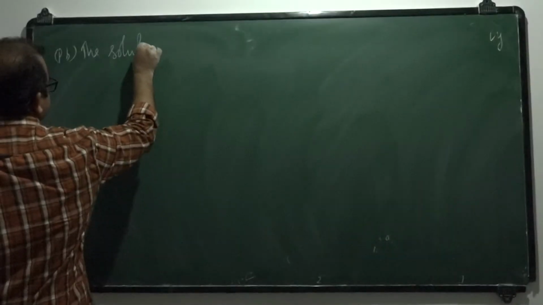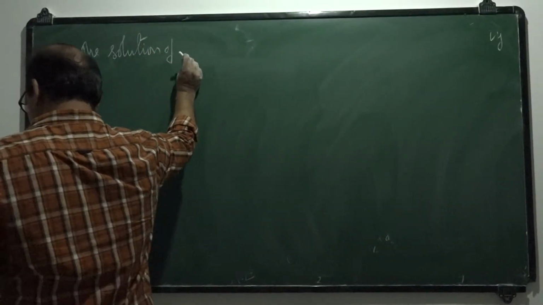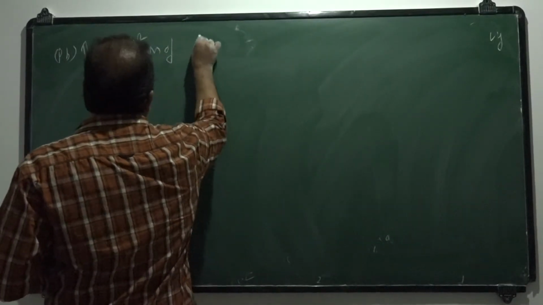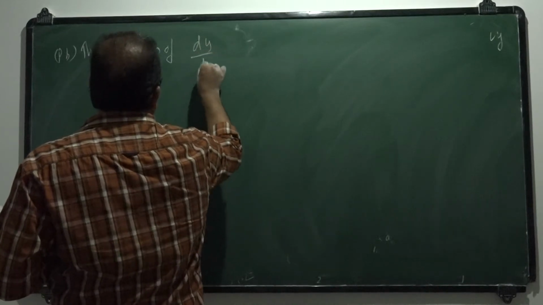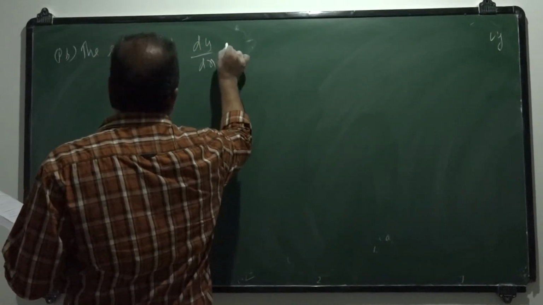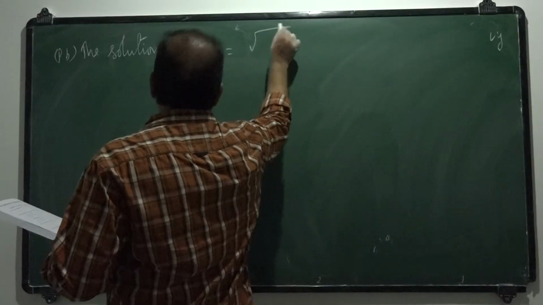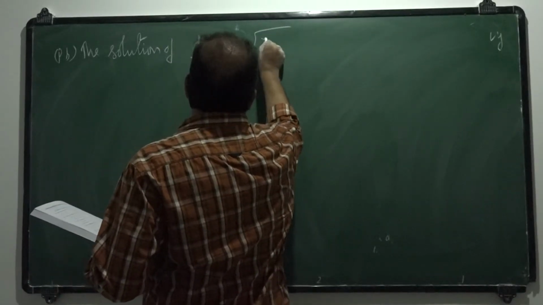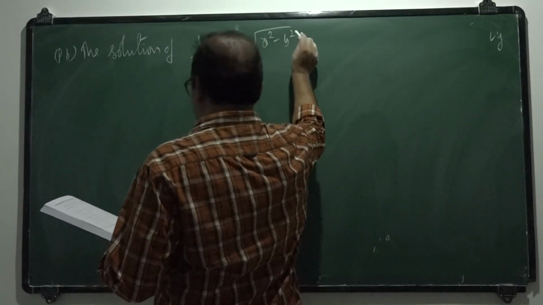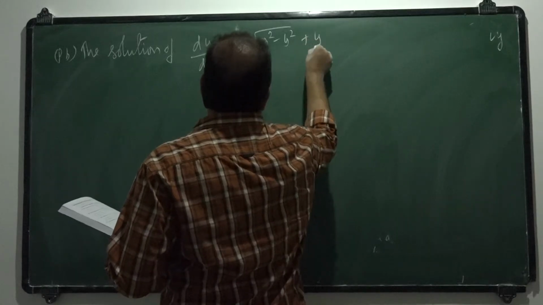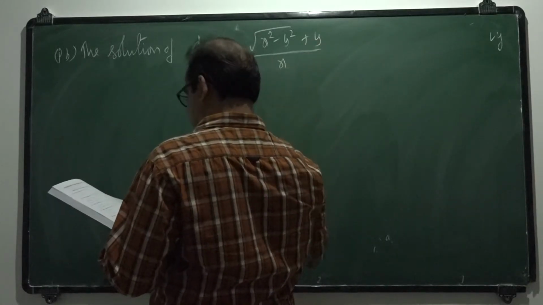Next, the solution of dy by dx is equal to square root of x square minus y square plus y by x.